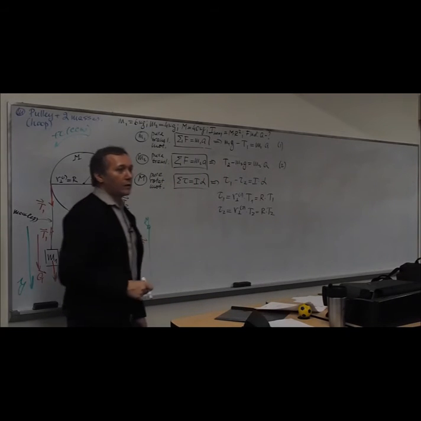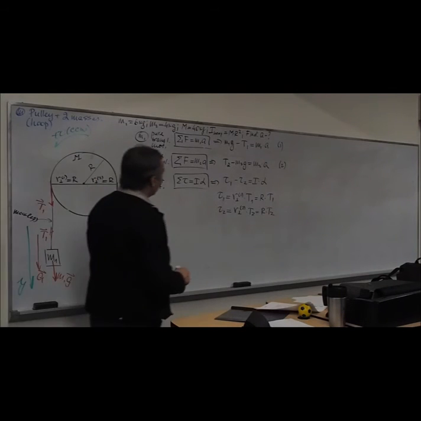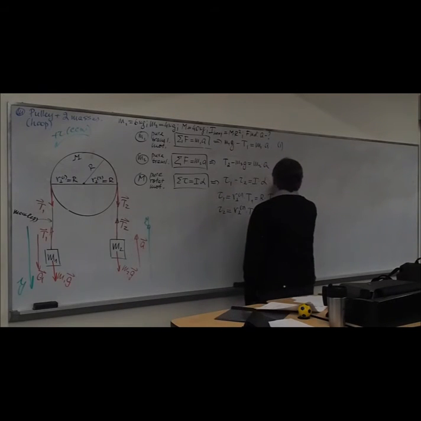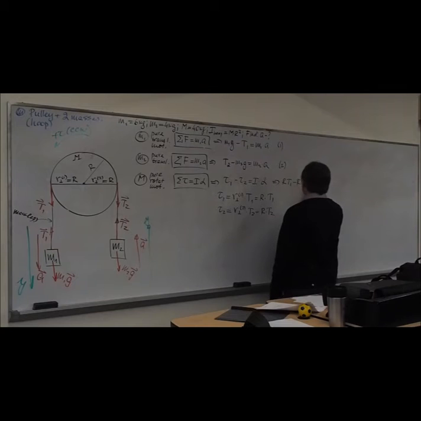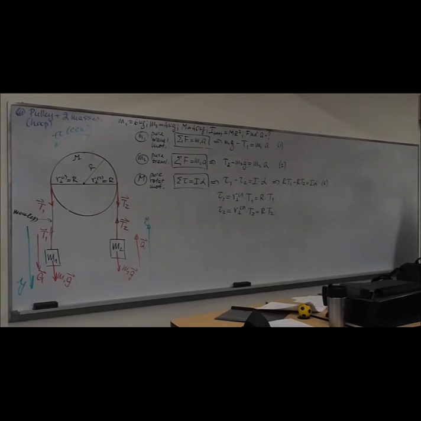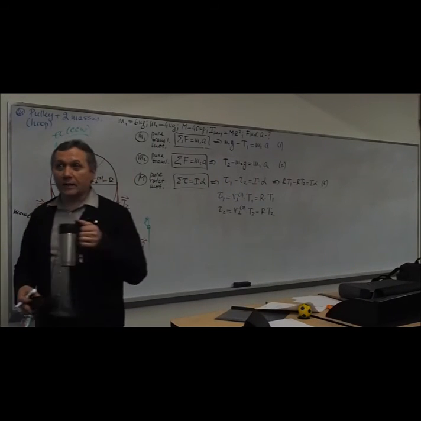So these are the absolute values of these two torques. One is positive, one is negative. Okay, so now I can write this: R T1 minus R T2 equals I alpha. So that's my equation number 3. I just applied a universal law for our system. Because it's universal, we can apply it for any system at any moment of time.